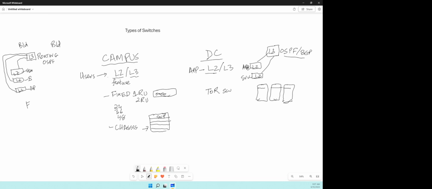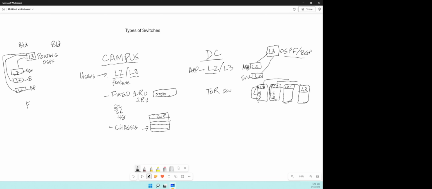These are typically fixed switches. And then your servers that are sitting here connect to the top of the rack. And these top of the rack switches in turn connect to a network rack which has the L3 switch. So these are all L2.